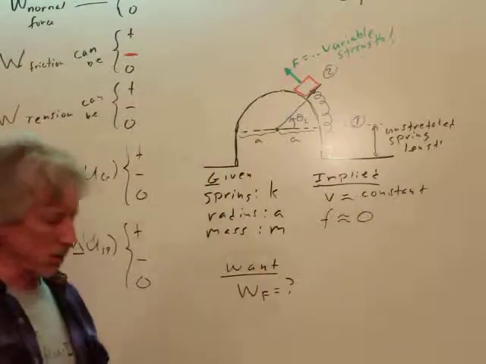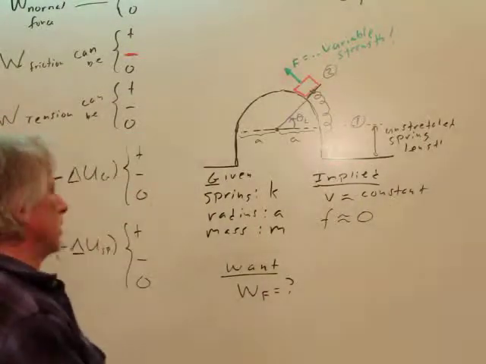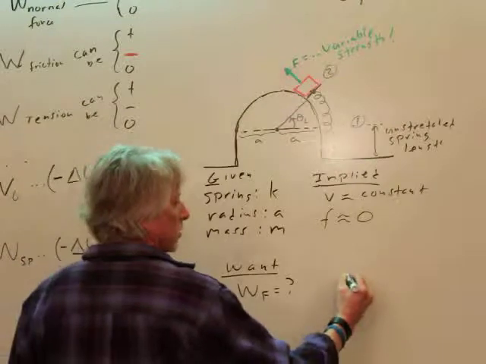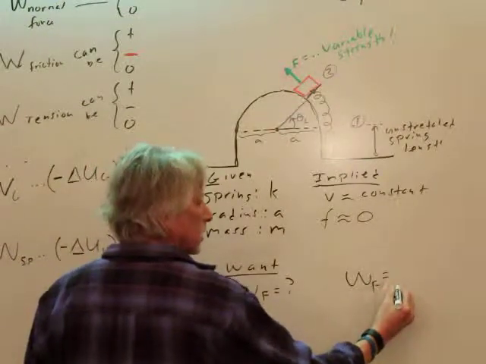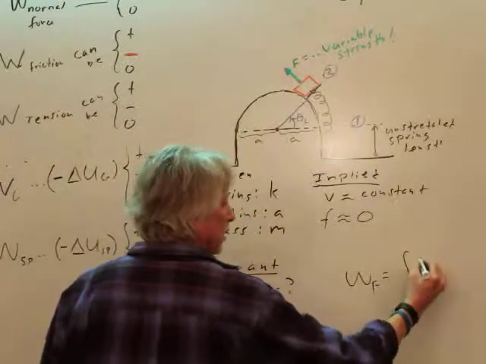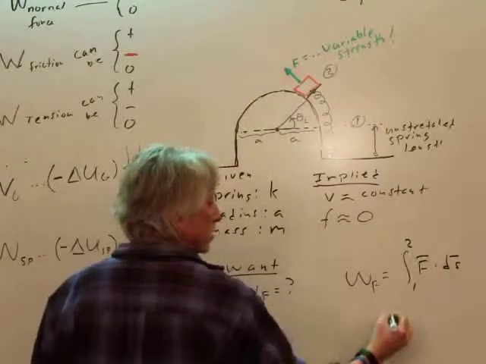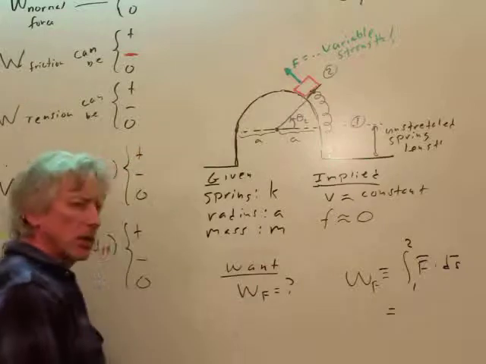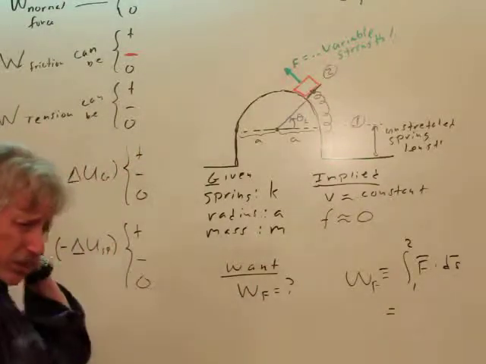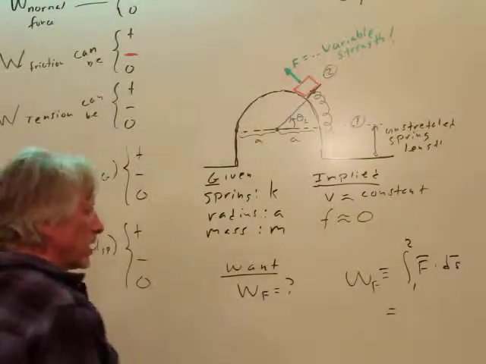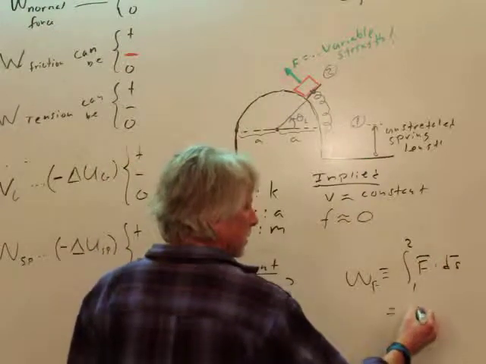So you go, I'm going to use the definition of work. The work due to F is equal to the integral of F dot ds from 1 to 2. That's by definition, right? And then I go, oh, I'm not liking this already. What can I say about the F?